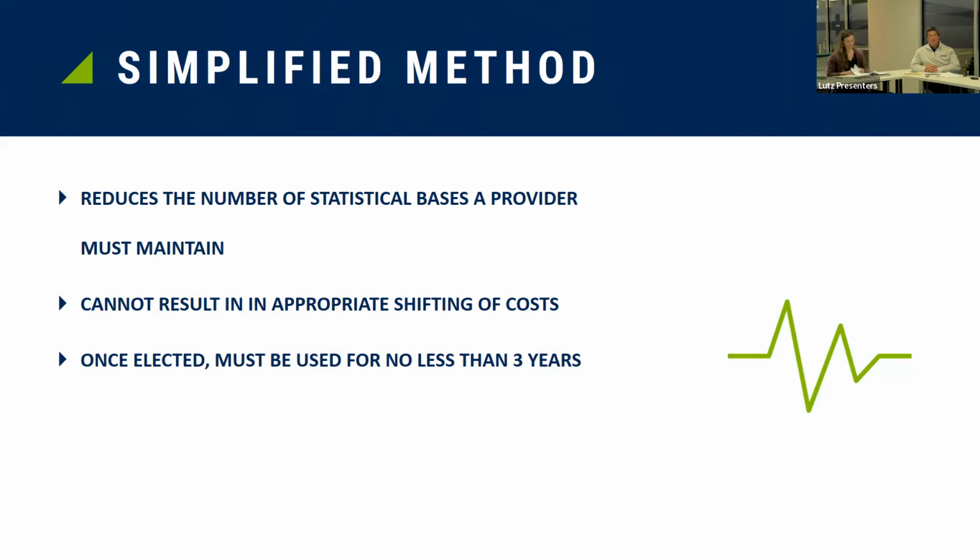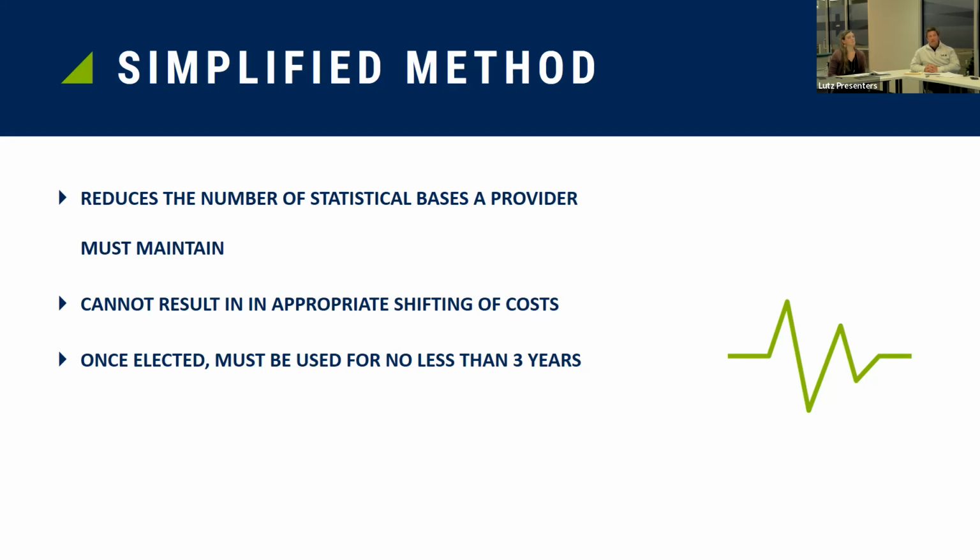And then if you choose to elect the simplified method, it is a method that CMS has to reduce the administrative burden basically for hospitals. And there are specific guidelines that you have to follow. It reduces the number of statistics that you need to track, so it's less administratively burdensome.